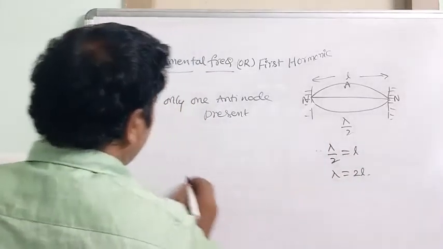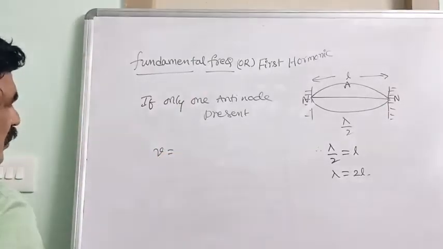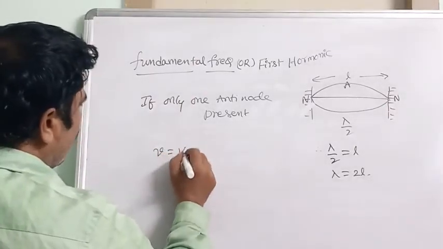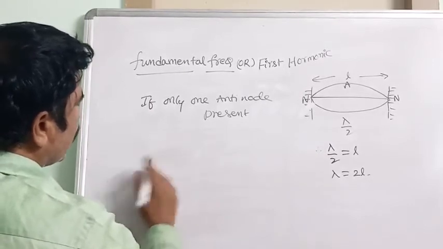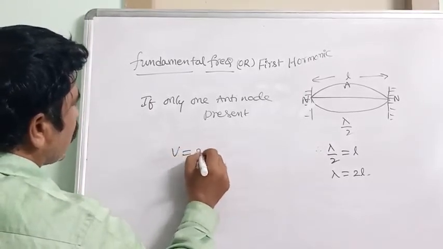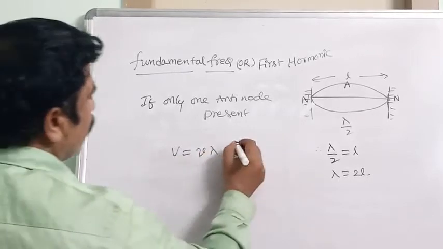We know frequency nu is V by lambda, and V equals nu lambda.